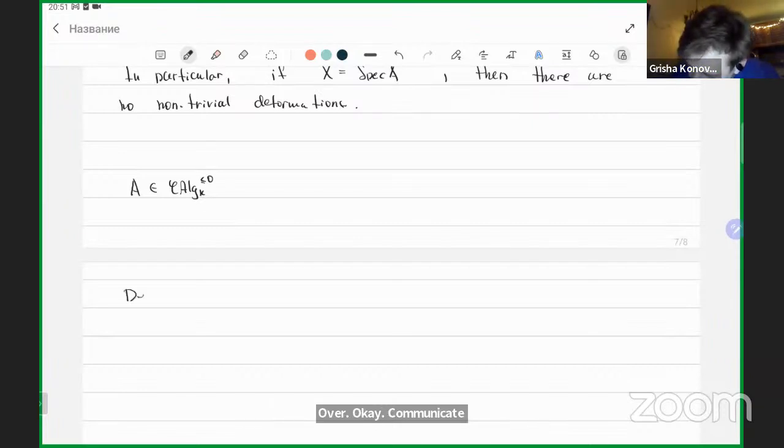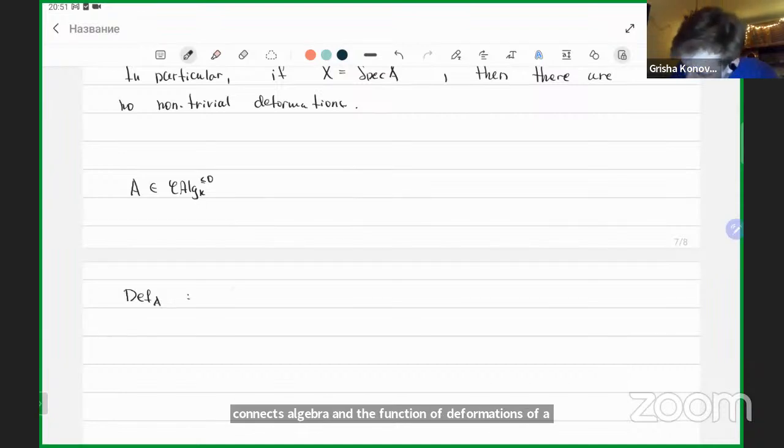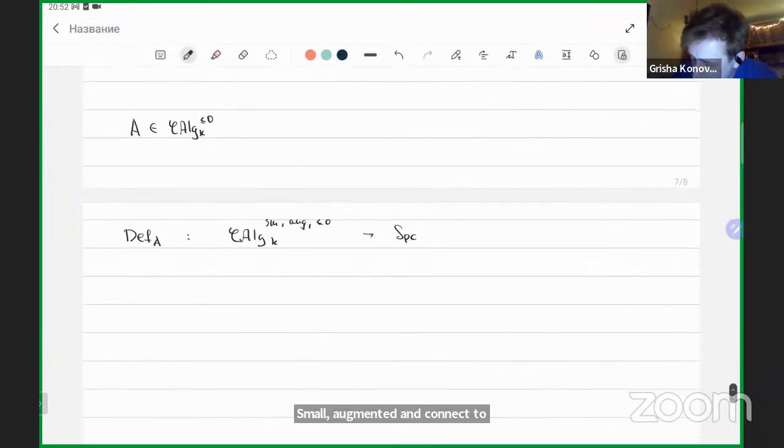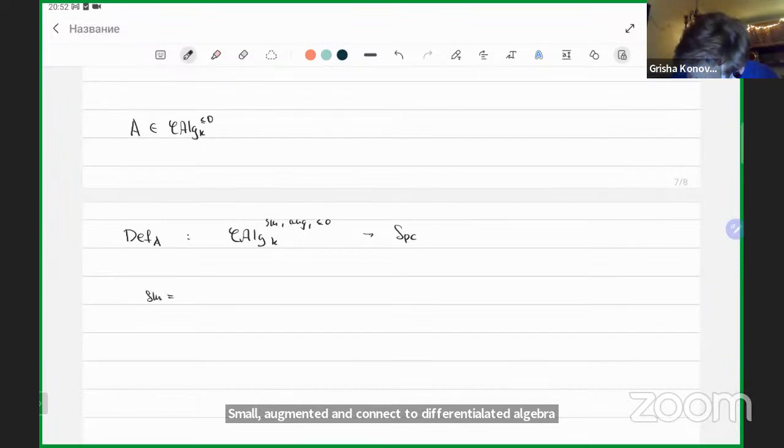And the functor of deformations of A is a functor from the category of small, augmented, and connective differential graded algebras to the category of spaces. Small basically means Artinian.